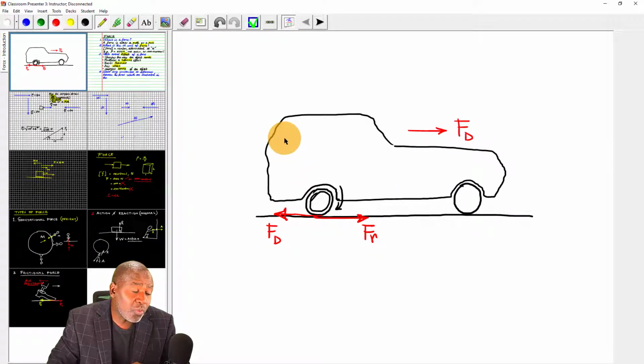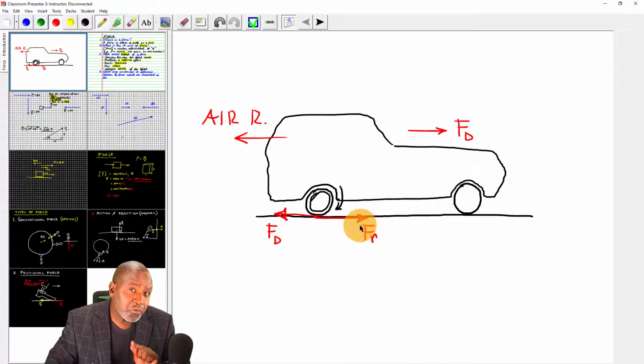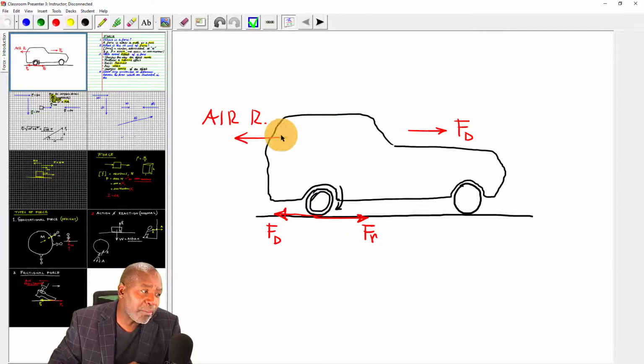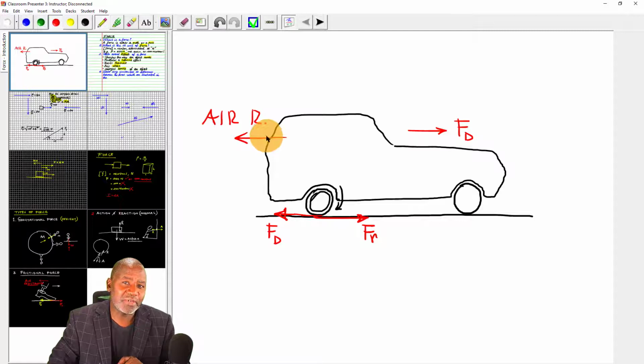And then on the bodywork of the car, there is air resistance. Okay, so don't confuse the frictional force between the tire and the road surface with the friction force on the bodywork of the car by the air, which we call air resistance. They are quite different.